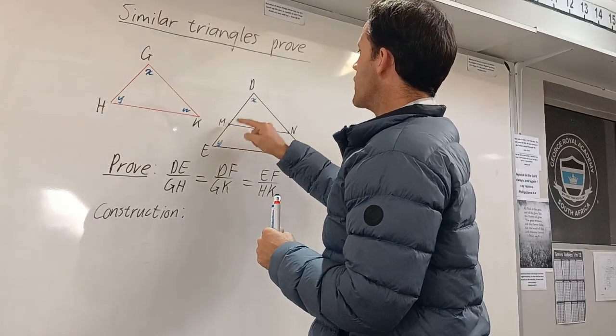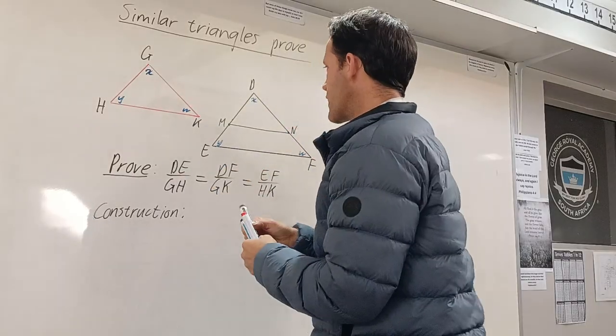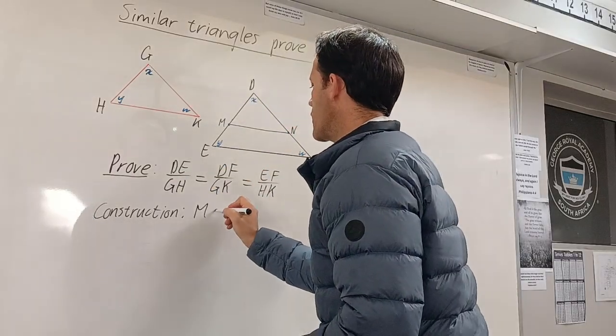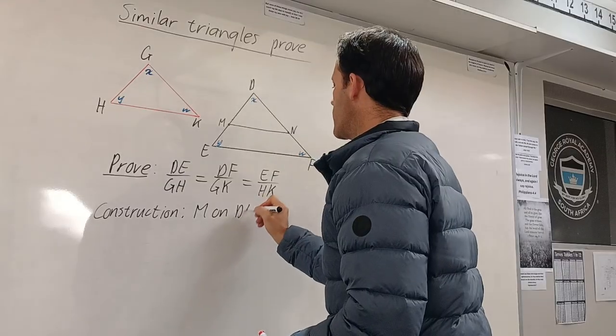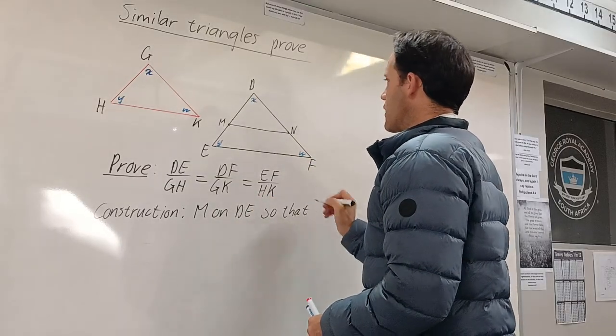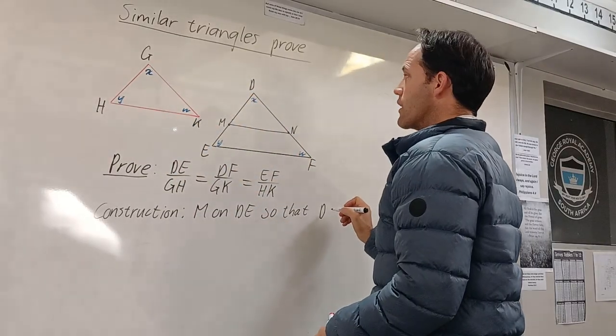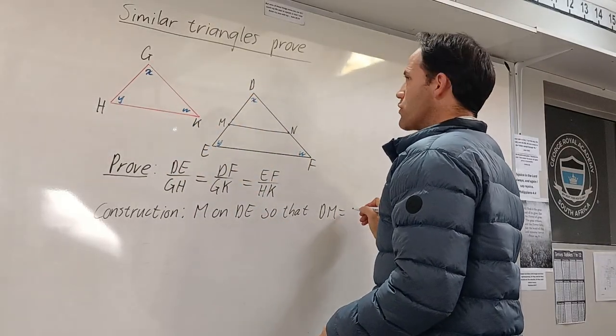So you're going to say, draw MN on DE and DF. Construction: M on DE, so that DM is equal to GH.